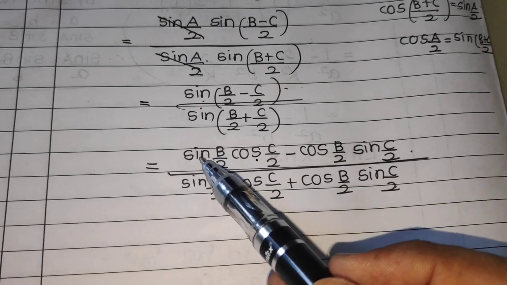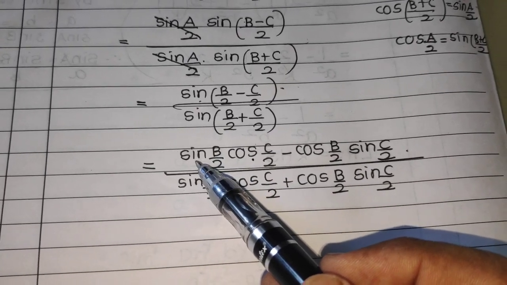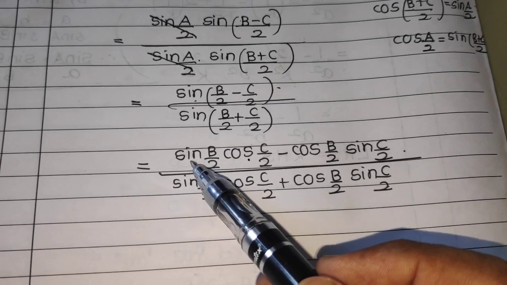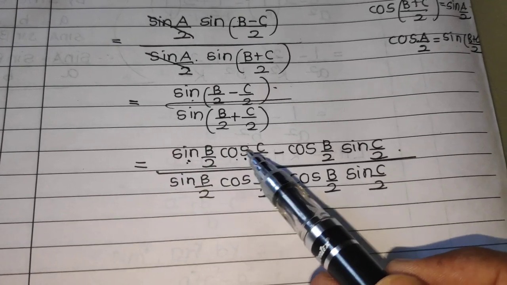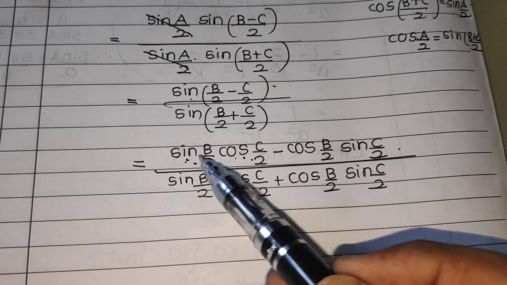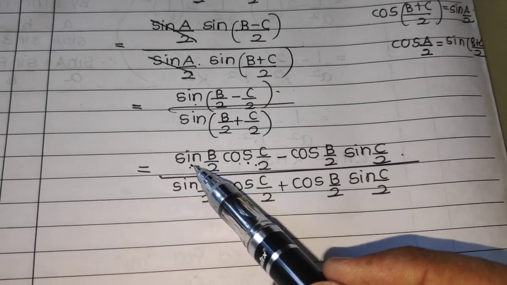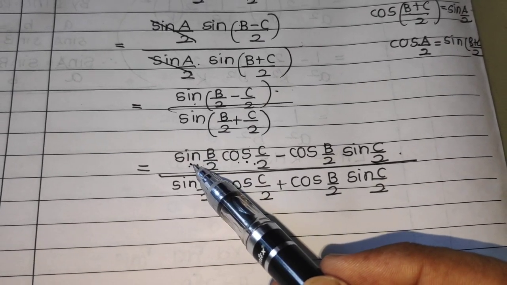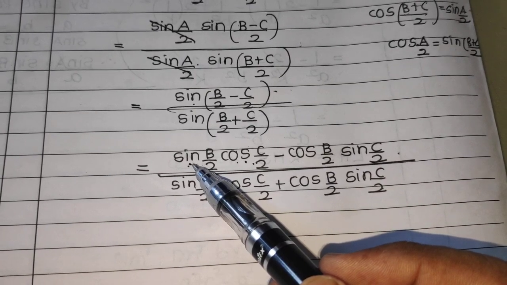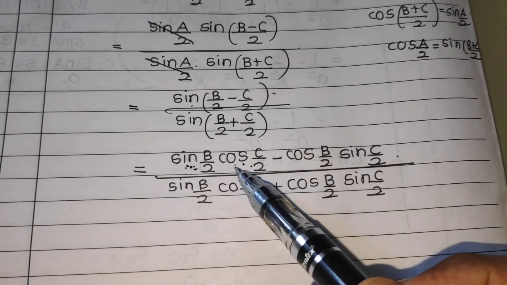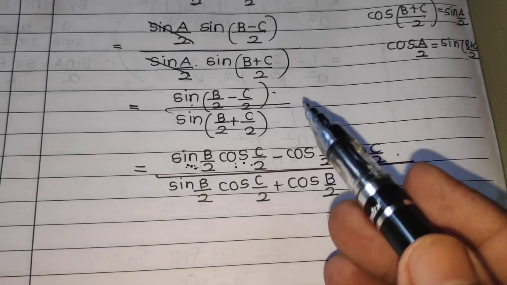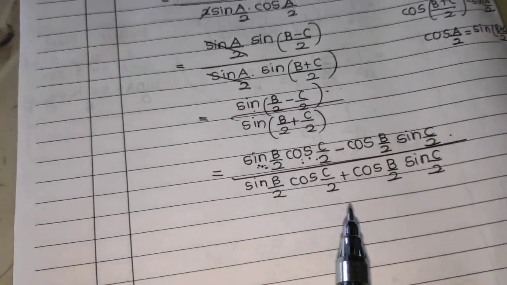At the same time, sine divided by cos is the only time we get a tan. So looking at both scenarios, I'm going to do one operation. We want tan b by 2 over here, so if I divide by cos b by 2, only then I get tan b by 2. At the same time, we don't want cos c by 2, so divide by cos c by 2 as well.